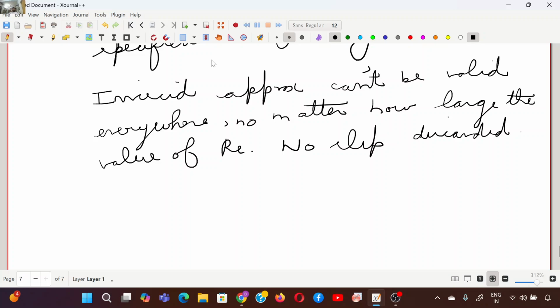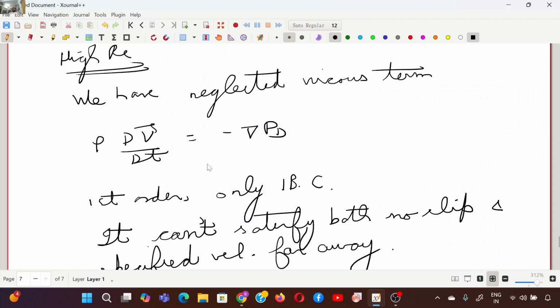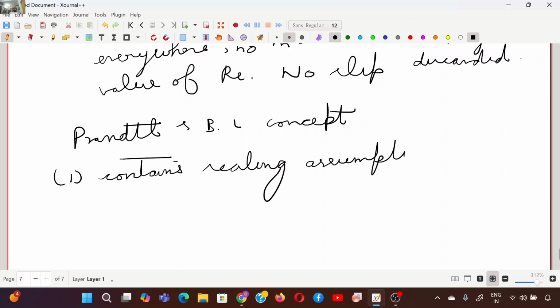So to get around this problem, Prandtl came with the boundary layer concept. So this is the equation for high Reynolds number, say I put it as equation 1. What Prandtl said is that this equation 1 contains scaling assumptions that are incorrect in the vicinity of a solid object.